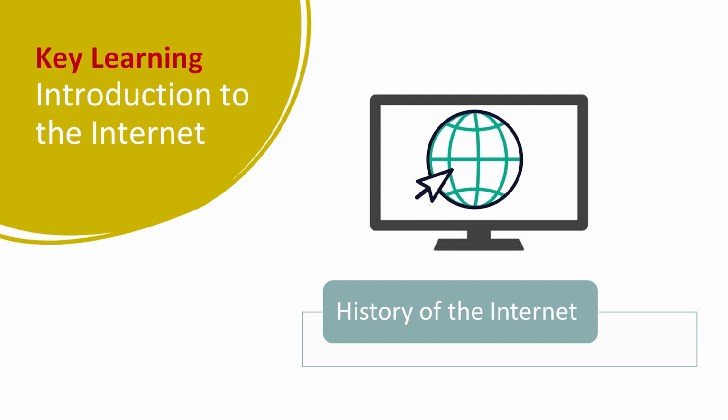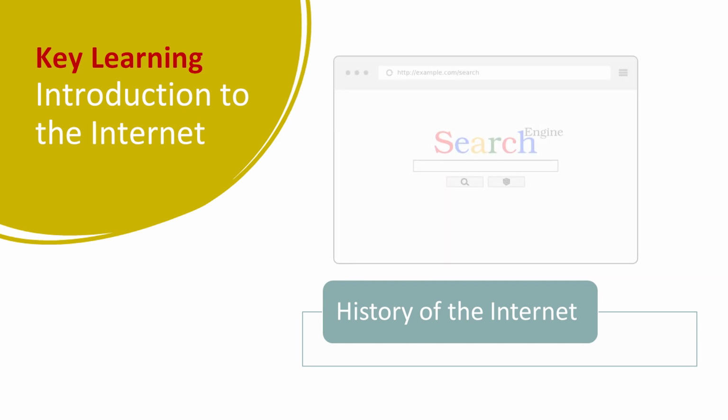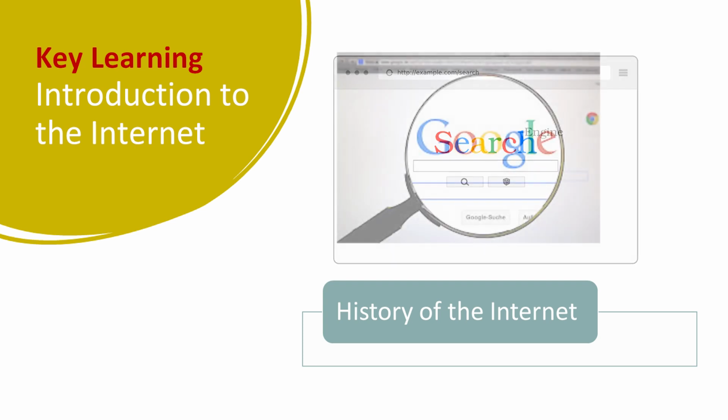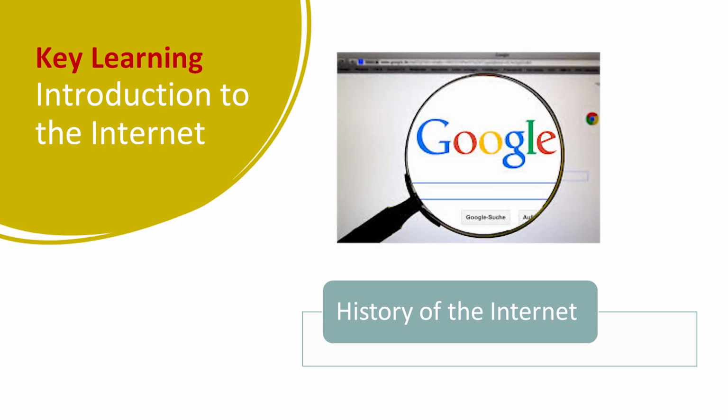So the web was invented by him, and you would have heard the first browser being Mosaic, followed by various other internet browsers and search engines that came about in the public domain. And Google, in fact, transformed our lives in the 2000s by introducing the Google search engine, and the rise of e-commerce was seen ever since.